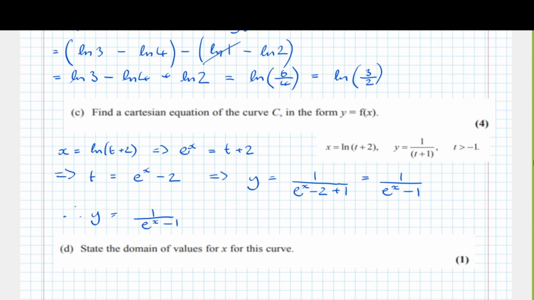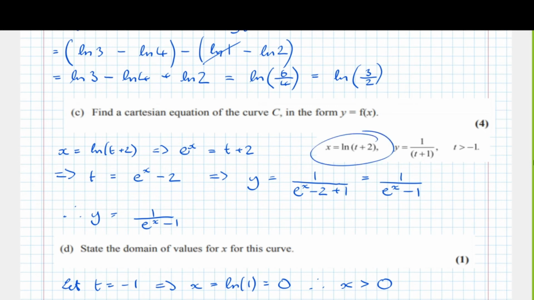If I sub that in there, let t equal minus 1, which means that x equals, because the domain is x values, log of 1 equals 0, and we know the log function increases, therefore the domain of x values is x greater than 0. So t bigger than minus 1 gives x values bigger than 0, and that's that done.